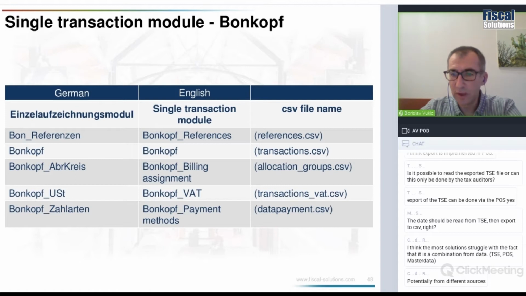Maybe it is interesting to say that billing assignment is the location information, which can be assigned to specific transactions like a table or department. There are also defined payment methods and references. References are the operations which can be made by external systems in this file.